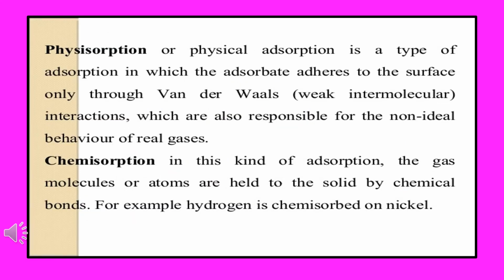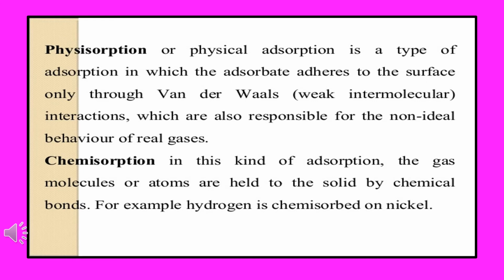Physisorption or physical adsorption is a type of adsorption in which adsorbate concentrates on the surface only through weak van der Waals forces or weak intermolecular forces, which are also responsible for the non-ideal behavior of real gases.